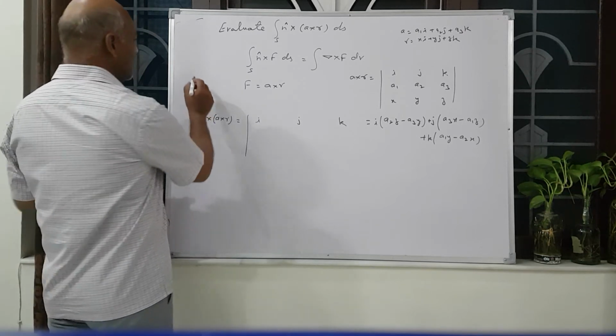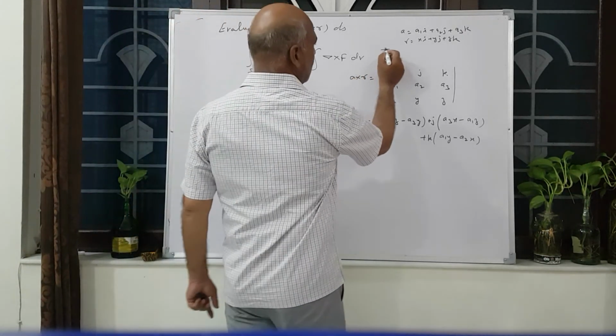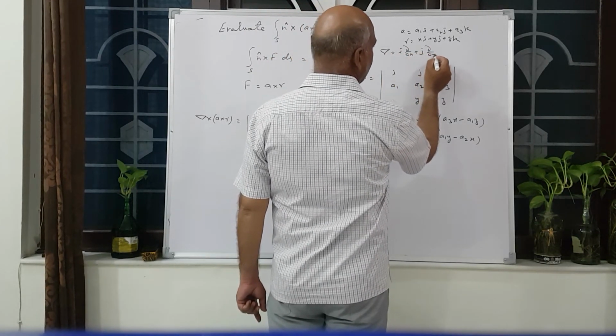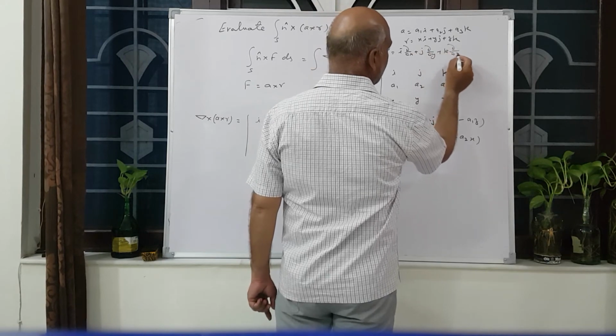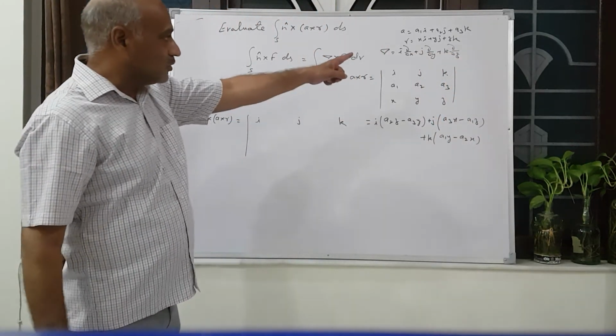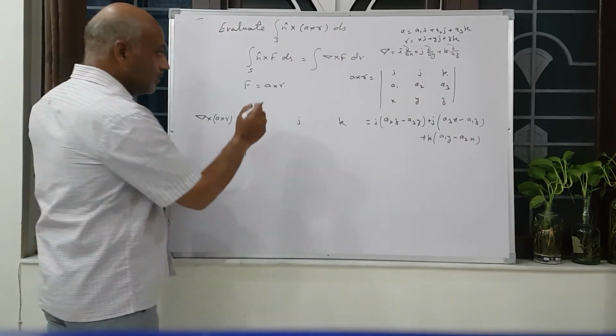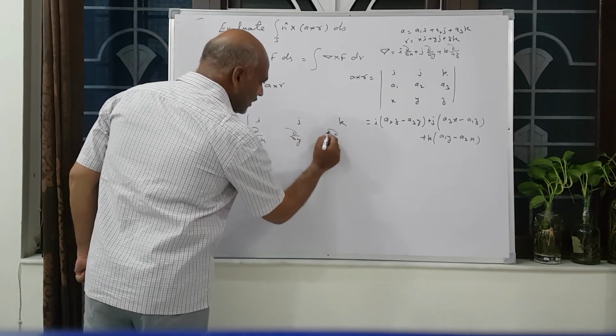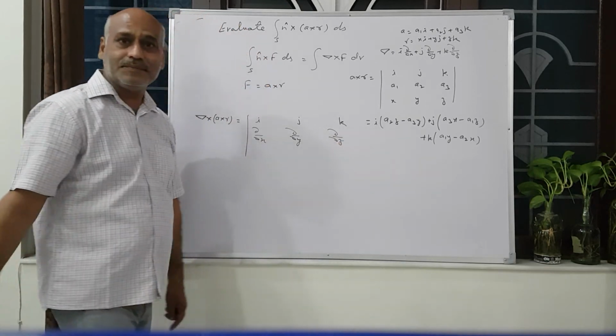What is del? Del is i del by del x, j del by del y, k del by del z.